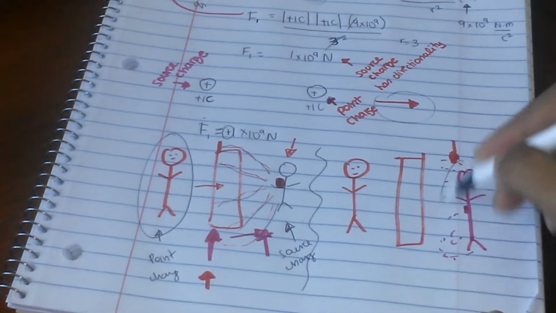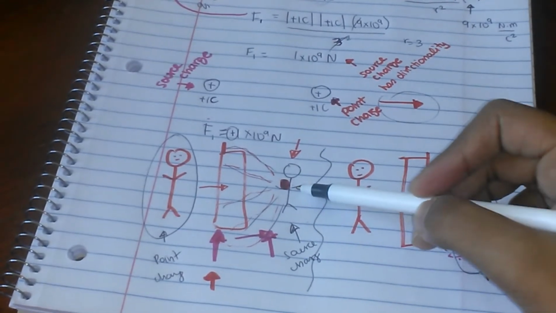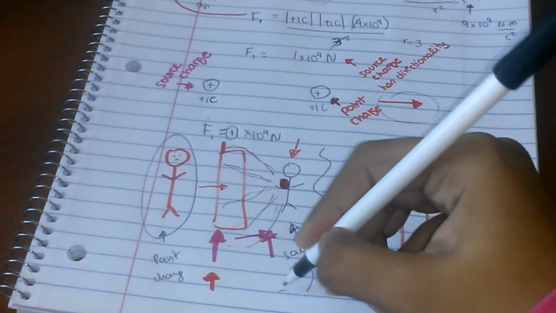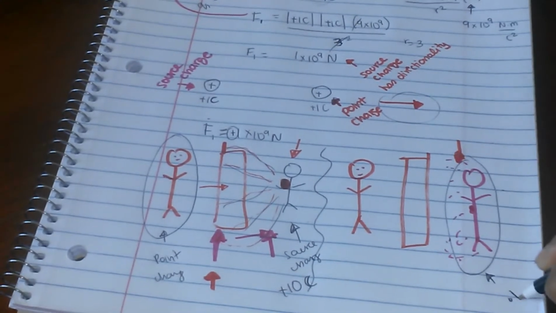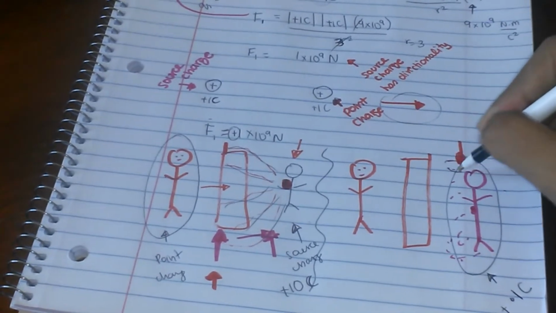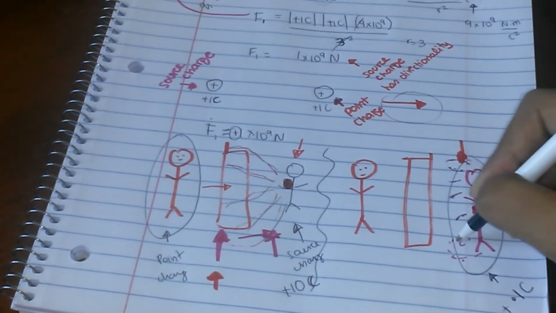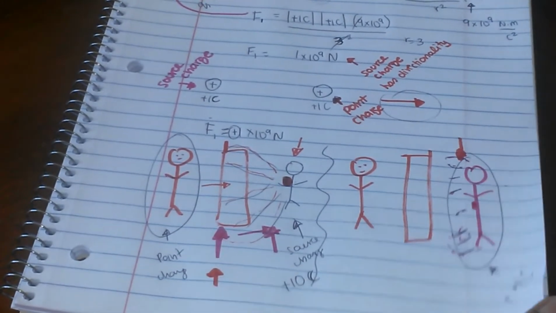And same scenario here. But with this one, let's say this is like plus 10 coulombs, and this is like 0.1 coulombs. His field lines are not that strong, just like his perfume isn't that strong.